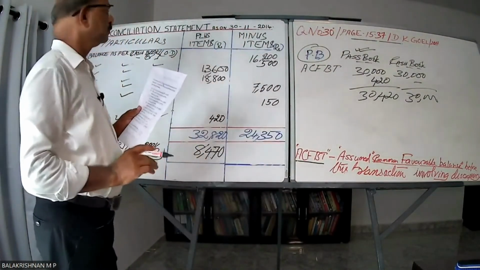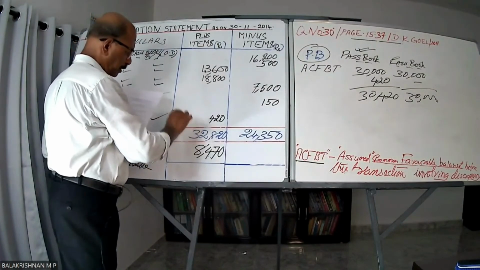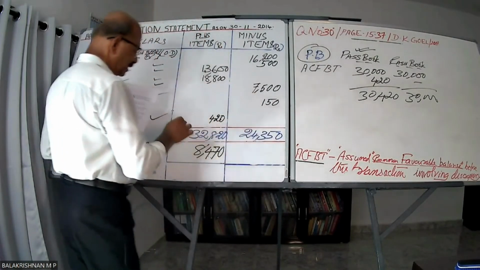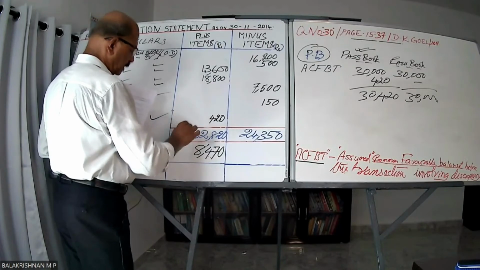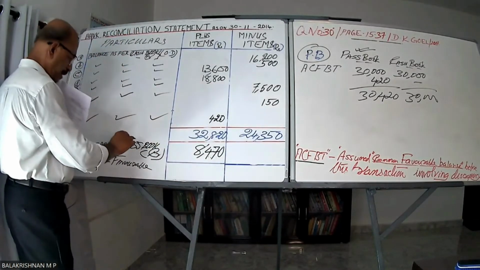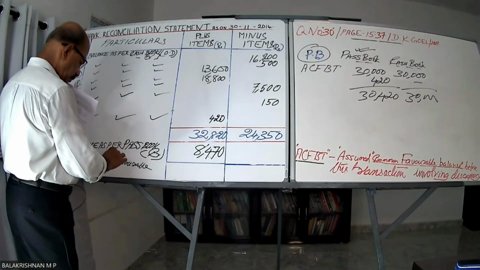Okay. Now total up. All plus total comes 32,820. Minus total comes 24,350. There is a net surplus of 8,470 in the plus side. So you will write balance as per passbook credit, or you can again say favorable.